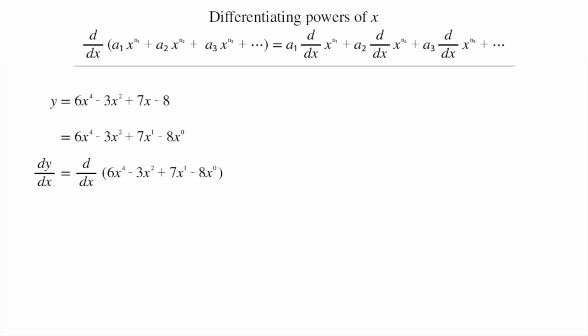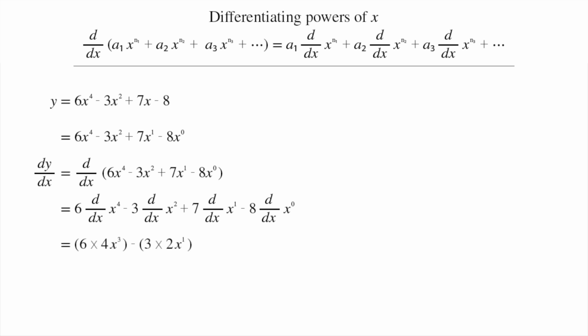Using our rule, this equals 6 times d by dx of x to the 4 minus 3 times d by dx of x squared plus 7 times d by dx of x to the 1 minus 8 times d by dx of x to the 0. Now we do the differentiation using the rule at the top, so we get 6 times 4x cubed minus 3 times 2x to the 1.